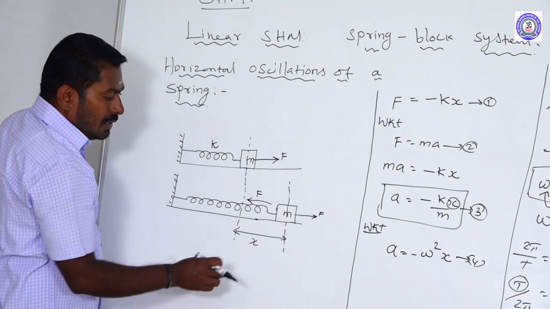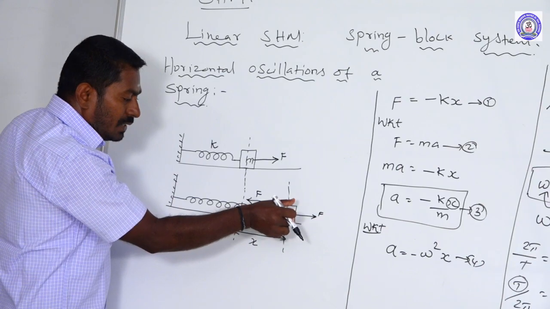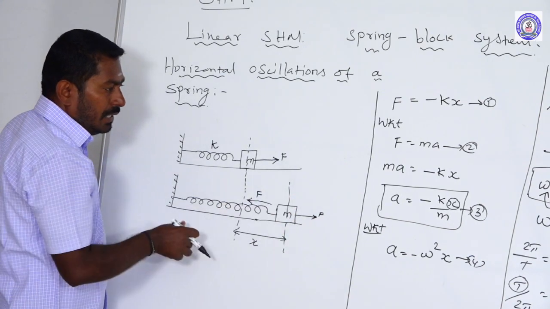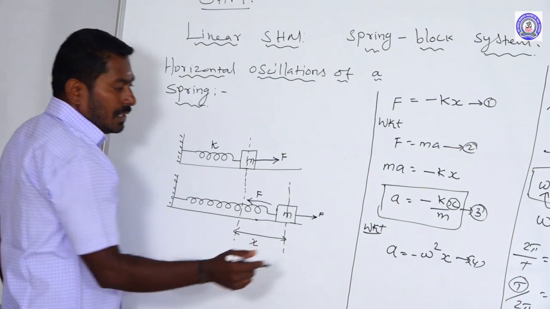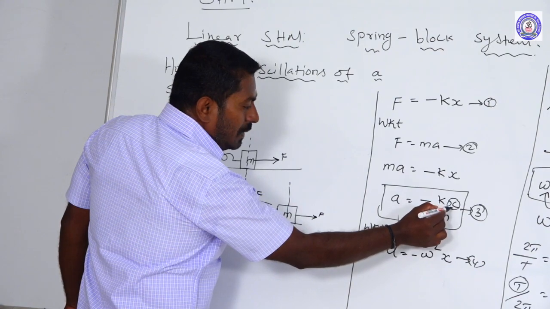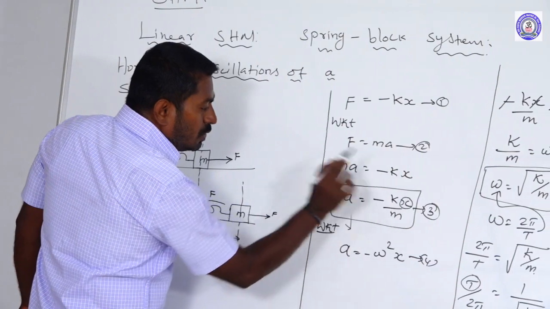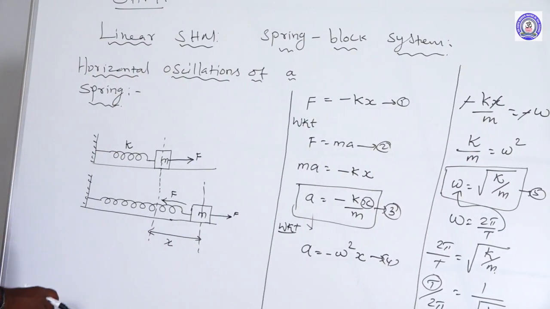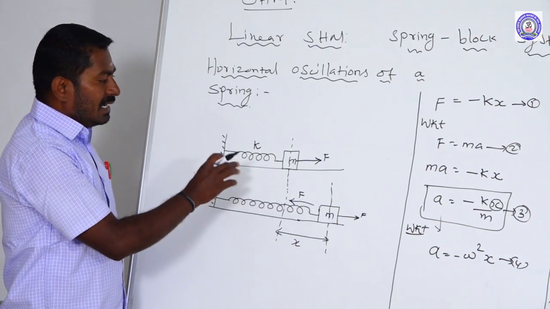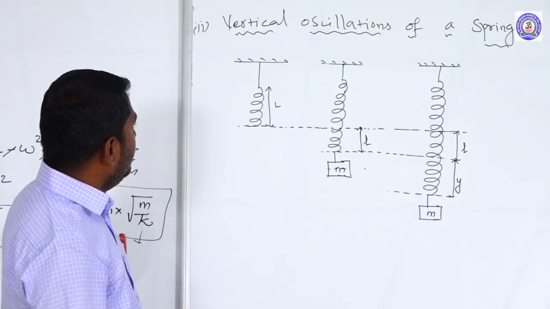But in this case, after removal of the applied force, the block system oscillates in simple harmonic motion about its equilibrium position. During its oscillation, acceleration is always directly proportional to displacement, and also acceleration always acts opposite to the direction of displacement. That's why the horizontal oscillation of a spring block system resembles a linear simple harmonic motion oscillator.